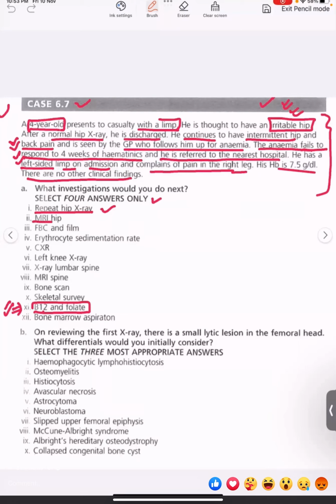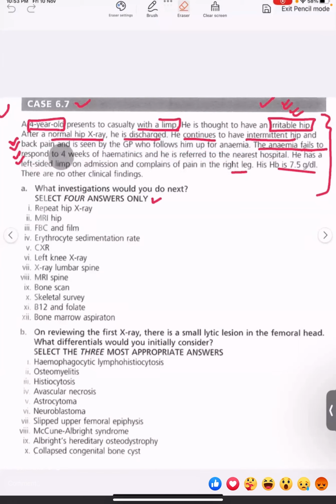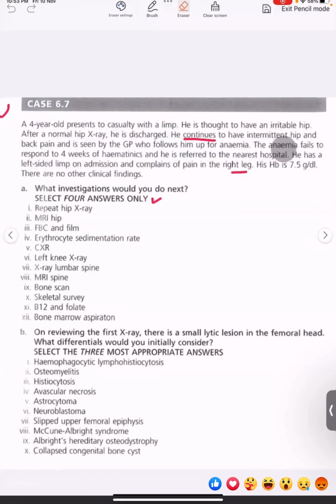Okay, will you go for MRI of the hip joint? So I guess before moving towards the infection, okay, let me give this scenario to you again.